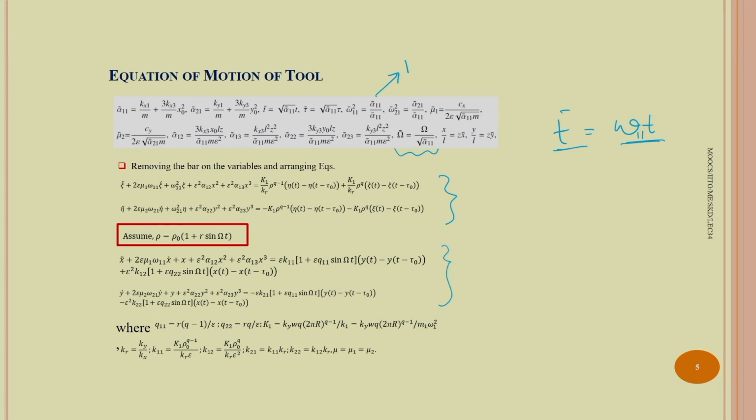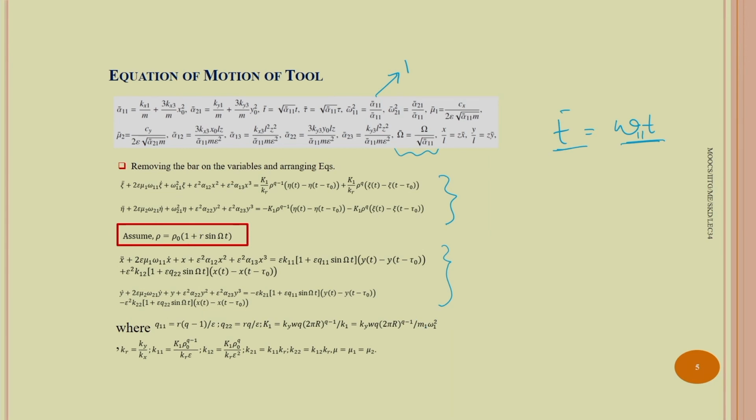It can be written as x double dot plus 2 epsilon mu 1 omega 1 1 x dot plus x plus, where this zeta is replaced by x and this eta is replaced by y for better understanding.